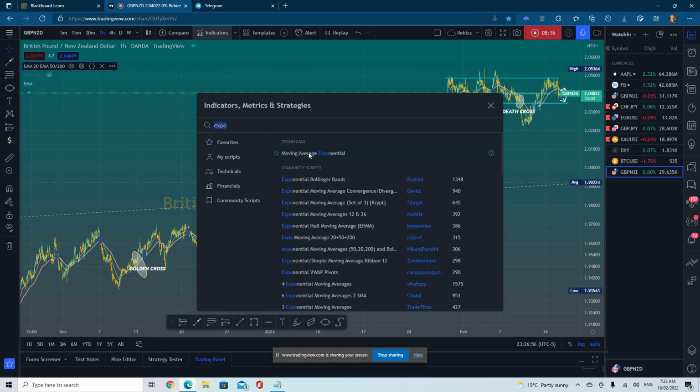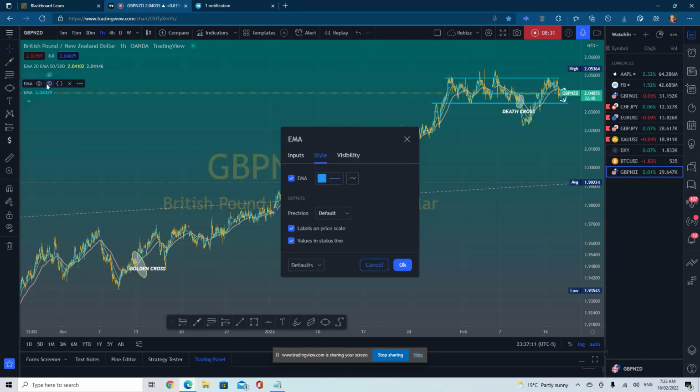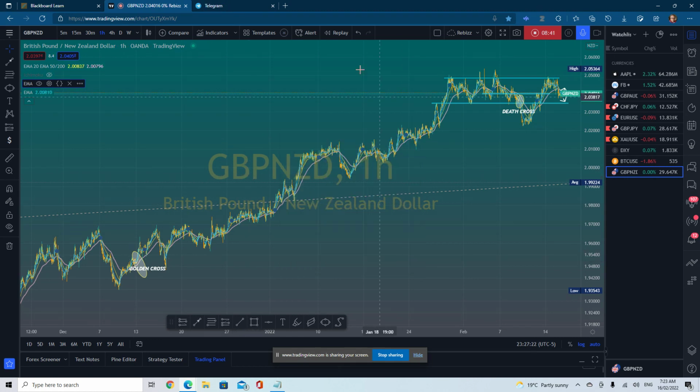Once you click on that, there you go. If you open this, you can customize it the way you want. Inputs: like here it's 9, you can reduce as far as you want, up to 5 or even 1. It depends on how you want to use it.